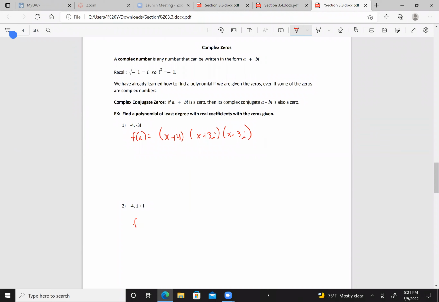Here we would have f of x. Okay, so it has negative 4, so that's x plus 4.